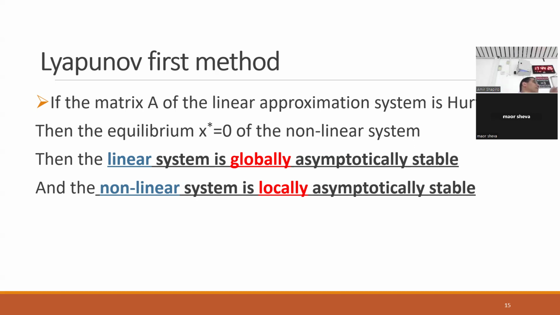So there is a certain region around the equilibrium in which, if I perturb or move the state to be near the equilibrium, but not exactly at the equilibrium, over time the system will move and this state will tend to get to the equilibrium and converge to the equilibrium. Is that clear?